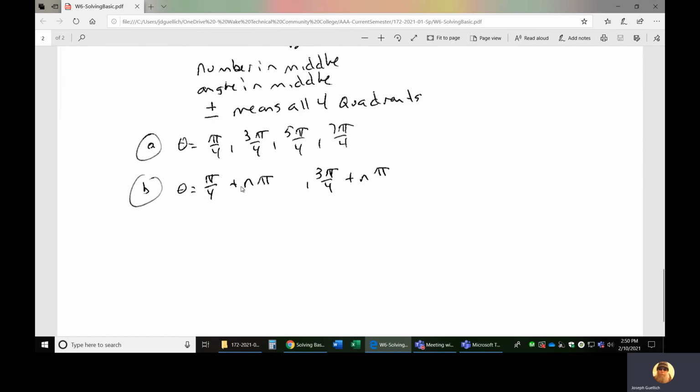So if I just go pi over 4 plus n pi, then I've got pi over 4, 5 pi over 4, all the coterminals. And similarly, 3 pi over 4 is in quadrant 2, 7 pi over 4 is in quadrant 4. They're separated by pi. So this answer for part B, all solutions, is just a simplified version. And again, you might see that in the lab manual.